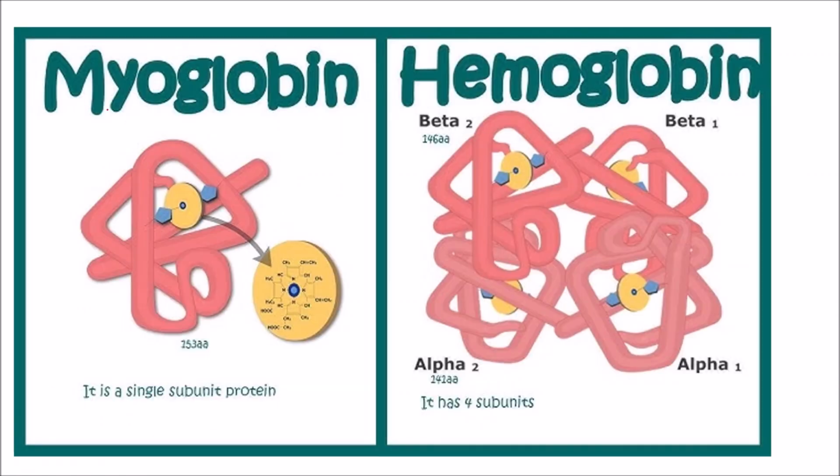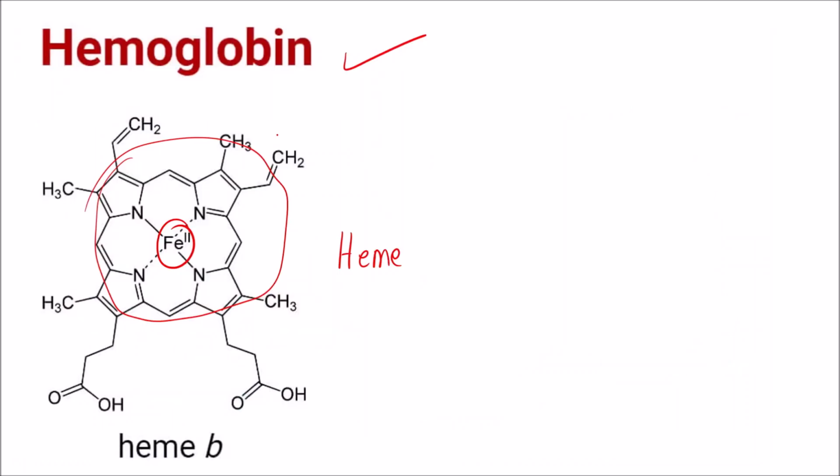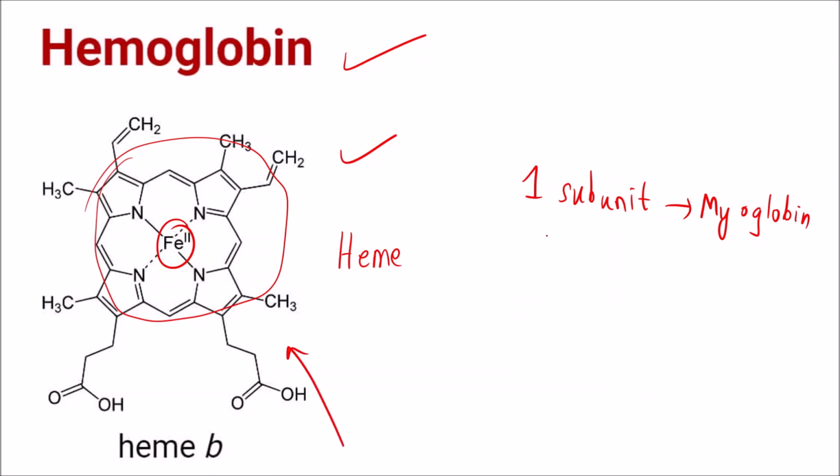Now what is myoglobin? One subunit is nothing but myoglobin. The same structure is present. If you consider a single subunit, that is called myoglobin. If I take this one heme complex and take 4 subunits of heme complex, then what do we get?